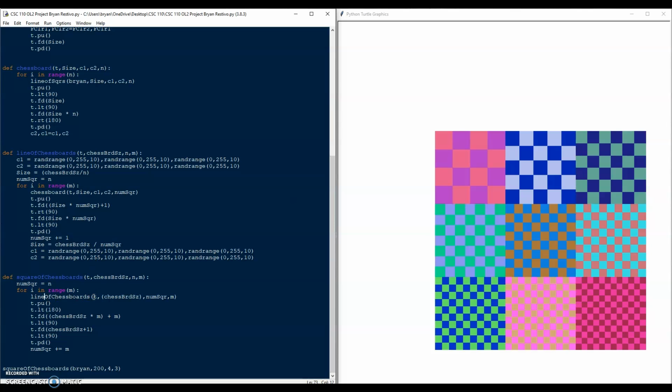So anyhow, the line of chessboards has the arguments t, chessboard size, number of squares, and m. I think I was originally trying to do some math there.